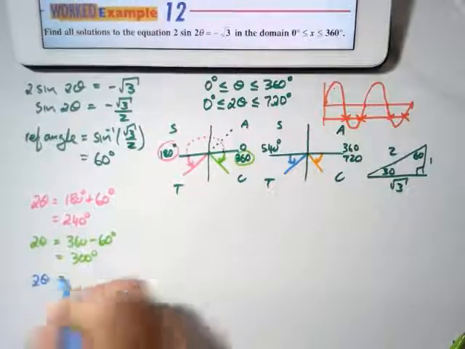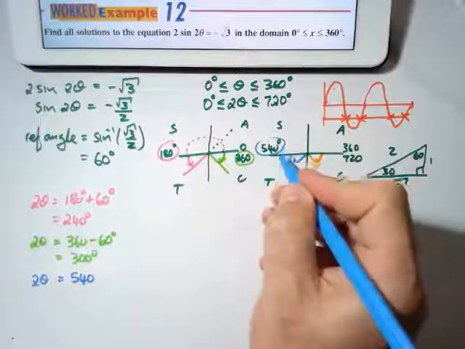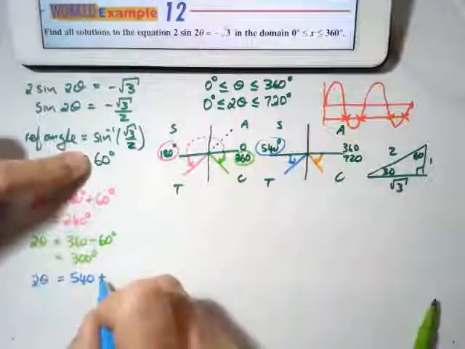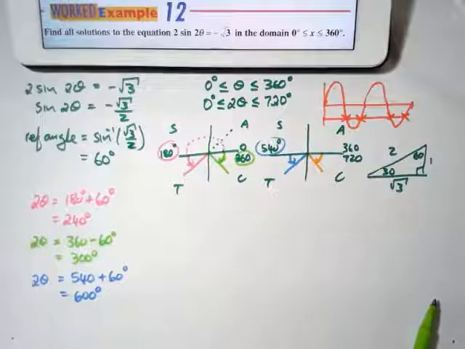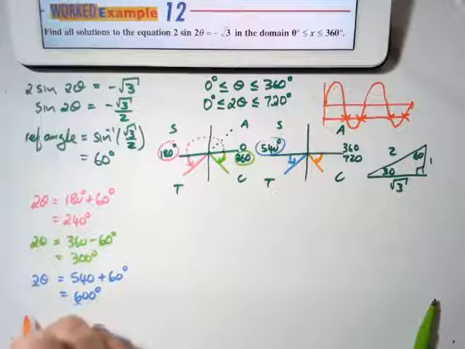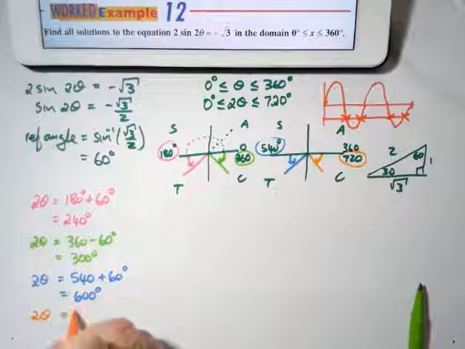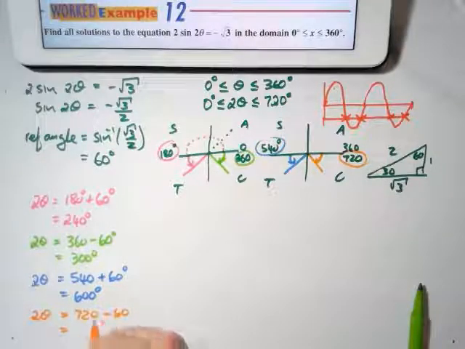It's also 2 theta. 2 theta will be 540, coming into the positive direction, so it's plus my reference angle, which is 60, and that gives me 600 degrees. Orange, 2 theta will be from 720, coming to the negative direction. My reference angle is 60. 720 take away 60 equals 660 degrees.